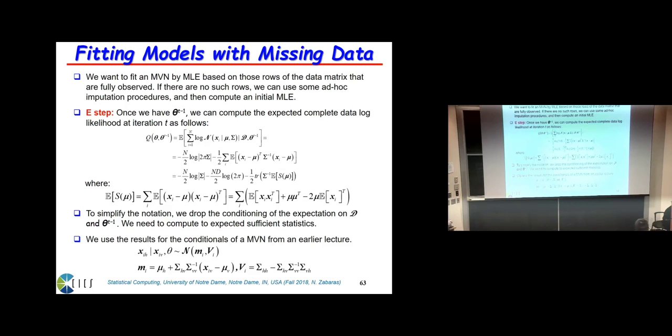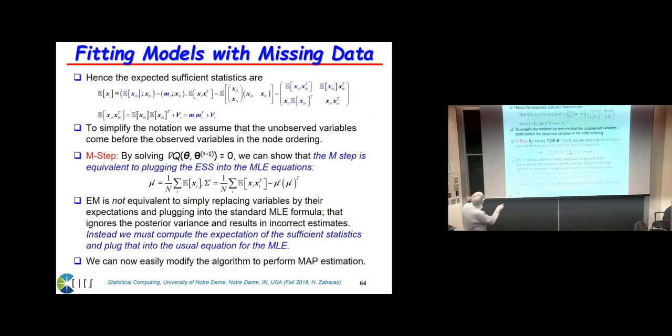And the expectation of the hidden component is m. The expectation of x hidden transpose, you can compute through the variance V_i. So you can do this, all right? All these blue terms come from the conditional Gaussian.